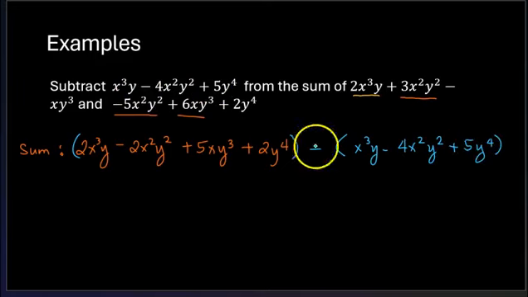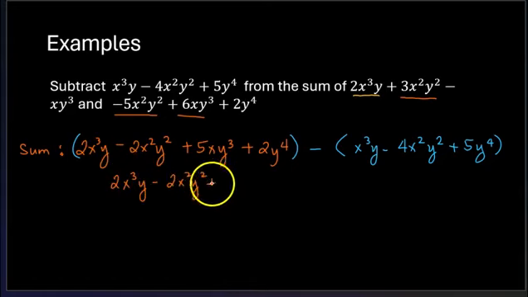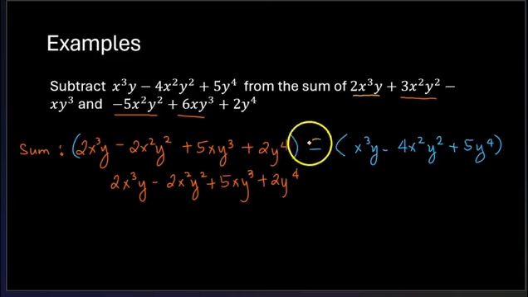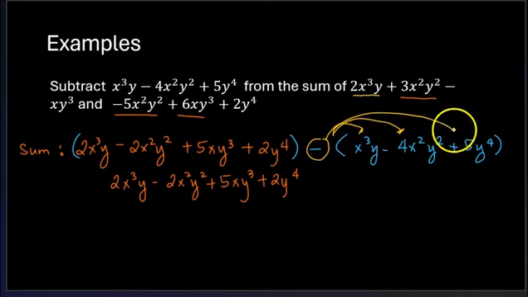There we go. I'm going to take away the parentheses since there are no more like terms here. I'm just going to write this down. I'm not solving anything at this point. And I'm going to multiply negative 1 to each of the terms.